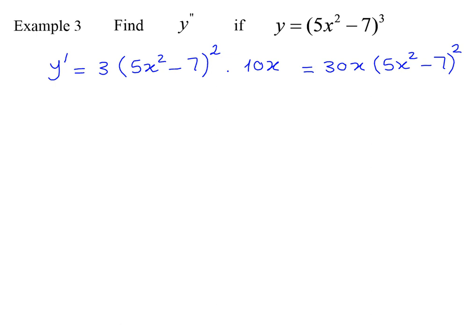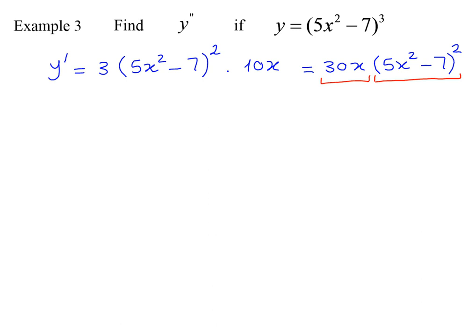Now we need to differentiate a second time. We need to find y double dash. But if you look at this function here, now we have to use the product rule as we have two functions. This here is a function, 30x, multiplied by another function, which is the bracket raised to the power of 2.